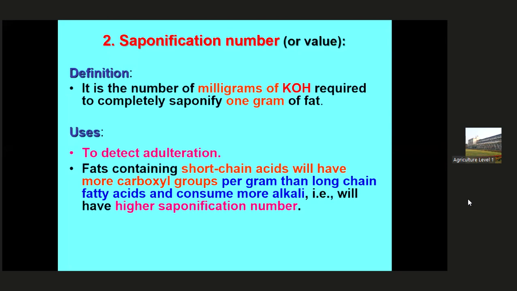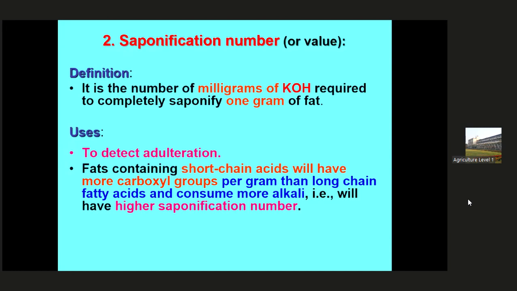Fat contains glycerol and fatty acid, right? So what is the weight of the glycerol and fatty acids? This is carbon, hydrogen and oxygen. This is the weight of the total 1 gram fat. Each and every fatty acid has one carboxyl group.